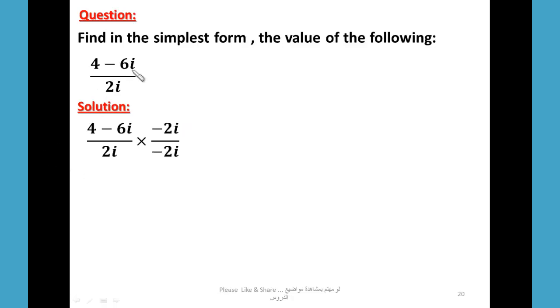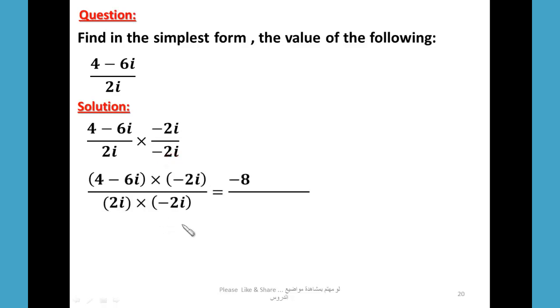We have 4 minus 6i over 2i. We want to make the denominator a real number, so we multiply up and down by the conjugate of the denominator. The denominator is 2i, so we multiply up and down by negative 2i over negative 2i, and we put it in another fraction.